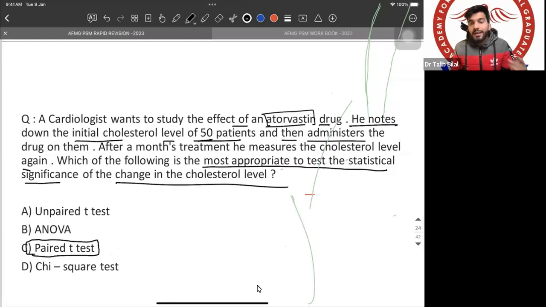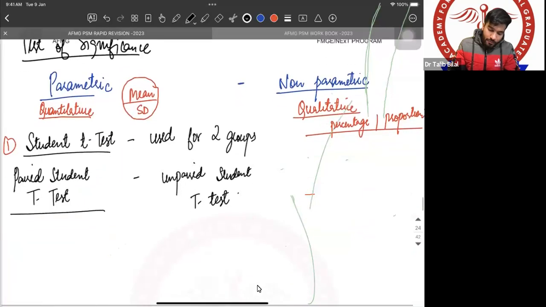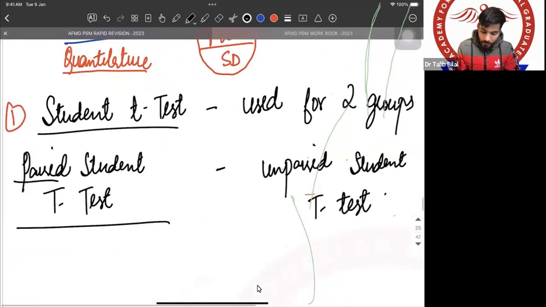Are you getting my point? Same group. Before giving the drug, the group I was studying and after giving the drug, the group I was studying is exactly the same. They are not different. Then which type of test is that? Paired student t-test. Are you getting my point?